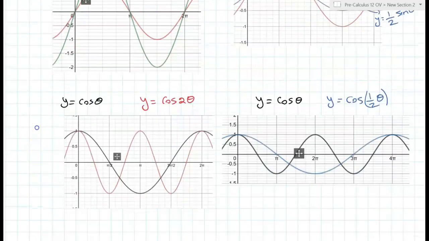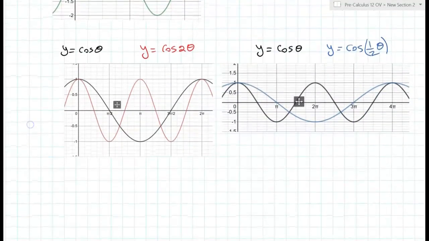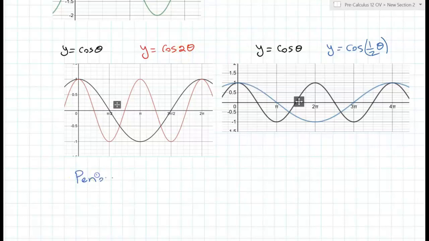And then when we deal with the horizontal expansion and compression, that's the coefficient of the argument. So if we go from cos of theta to cos of 2 theta, notice that the period of the function is half. If you want to calculate the period, it will be 2 pi divided by 2, which is pi.